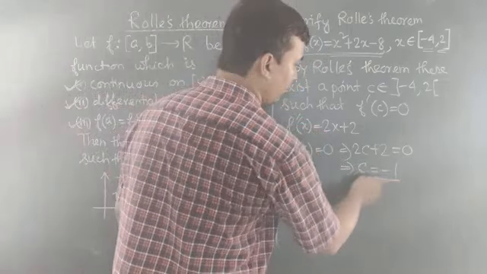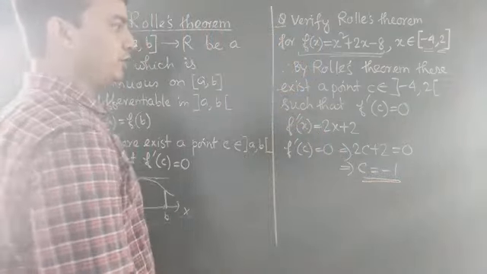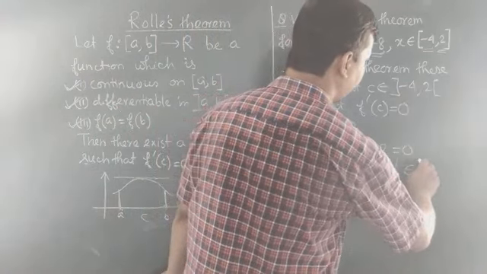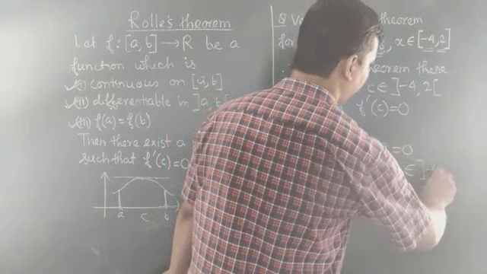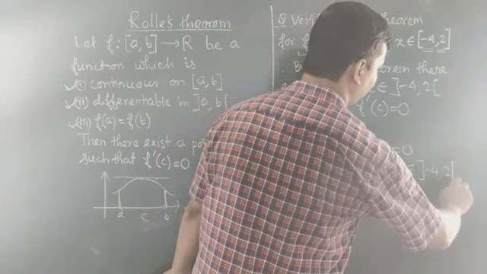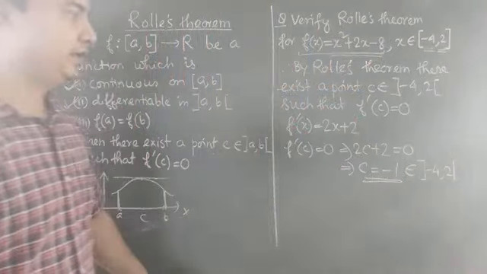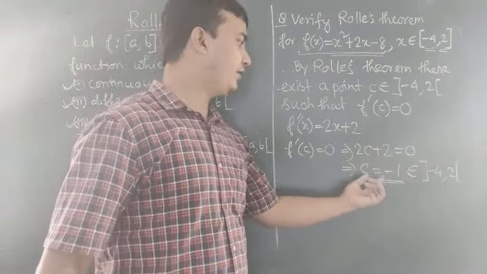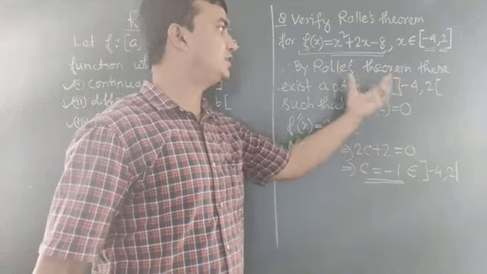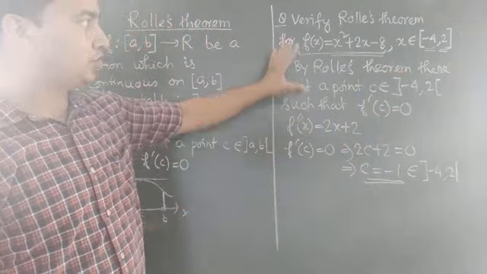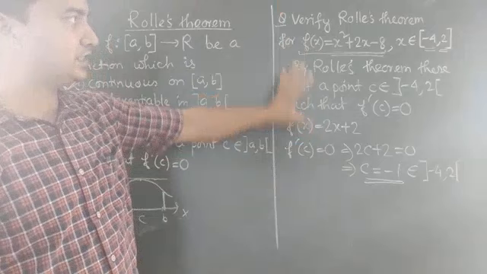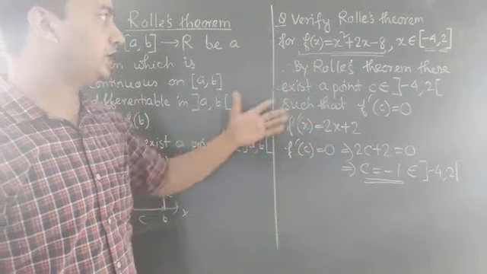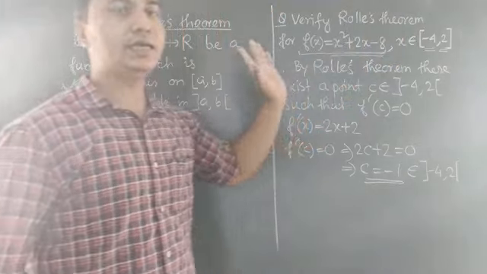Now this value, c equal to -1, whether it belongs to this interval or not. This belongs to this interval because -1 lies in between -4 and 2. So that means we have obtained a value c such that f dash of c equals 0. So using this concept we can verify. Hence we have verified Rolle's theorem for the given function in the given interval.